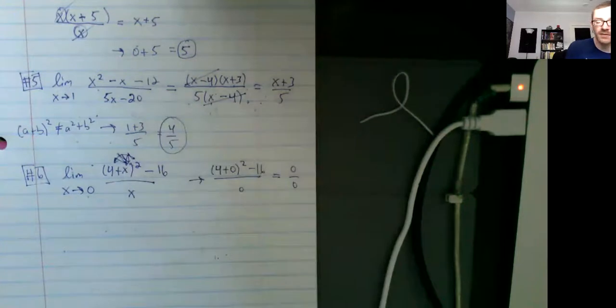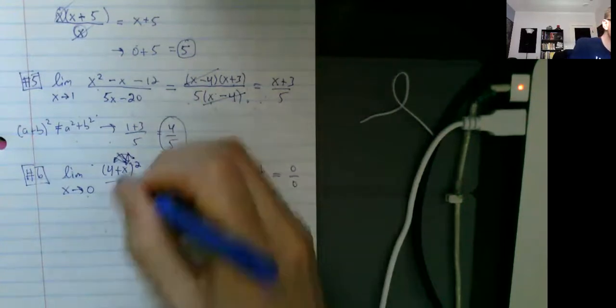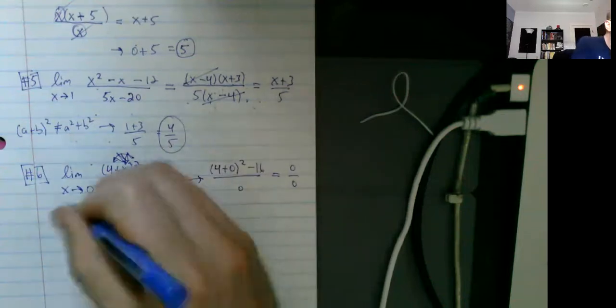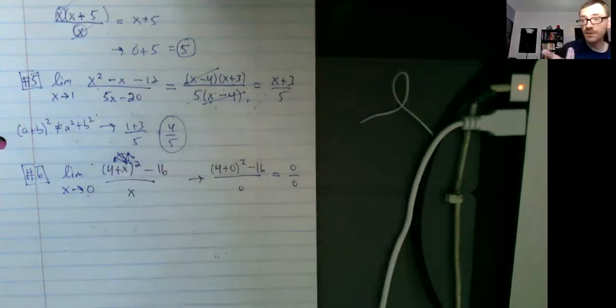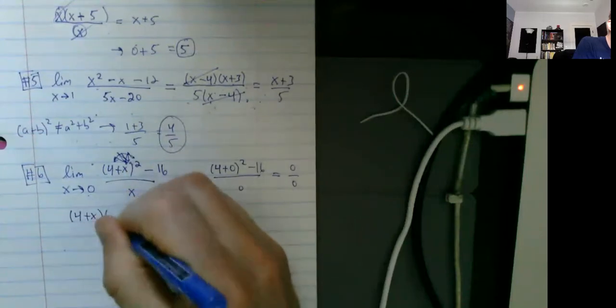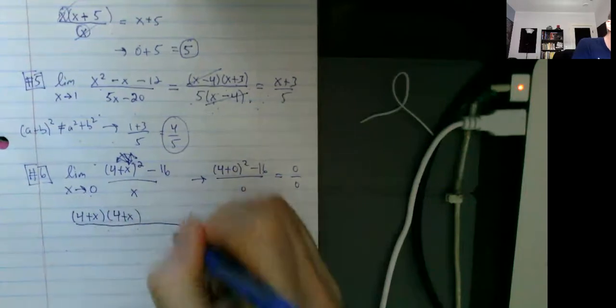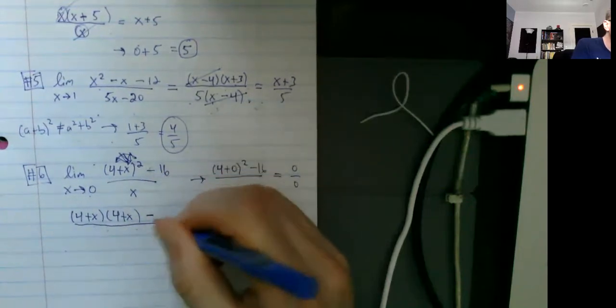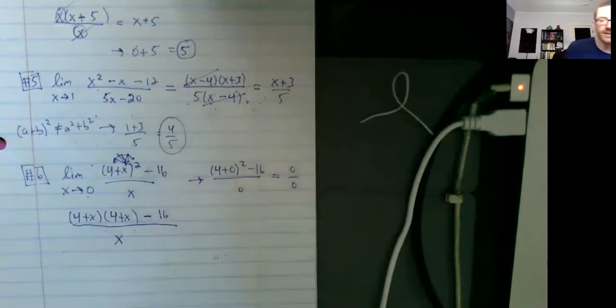So when I say multiply out, what I'm really saying is this. When you square something, it means you multiply it against a copy of itself, right? So (4 plus x) squared is really like 4 plus x times a copy of itself. It's (4 plus x) times (4 plus x). And then we still have the minus 16 and then all over x.